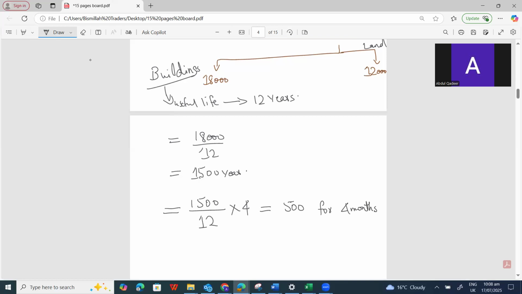And then what will be the net book value? At the reporting date, we book the asset at net book value. So the net book value will be 18,000 minus 500, which is equal to 17,500 pounds.